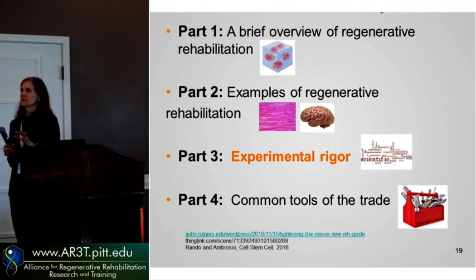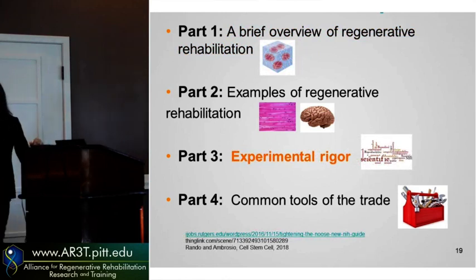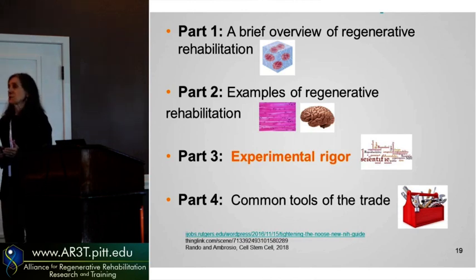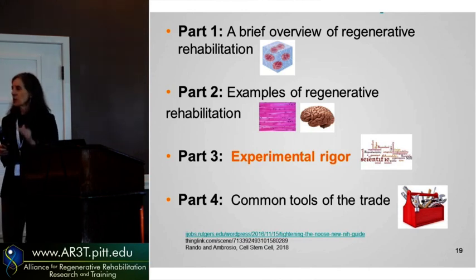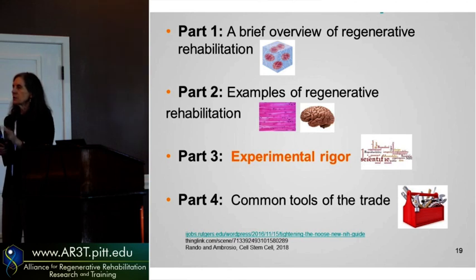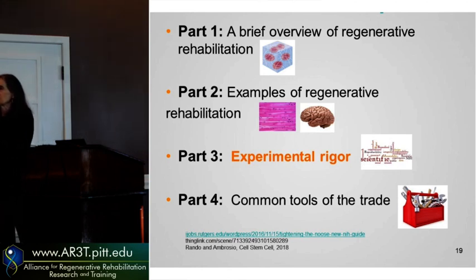The next is a historical piece about experimental rigor. I see all of you very interested in doing regenerative rehabilitation. And I also envision it as being a complex paradigm when you think about how you're going to design your experiments.